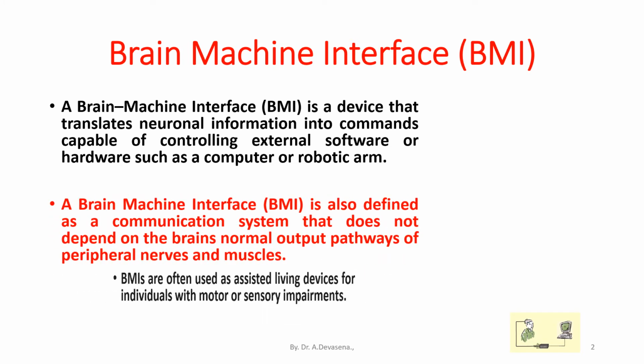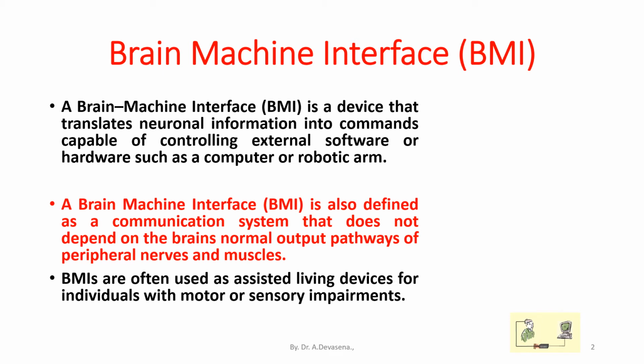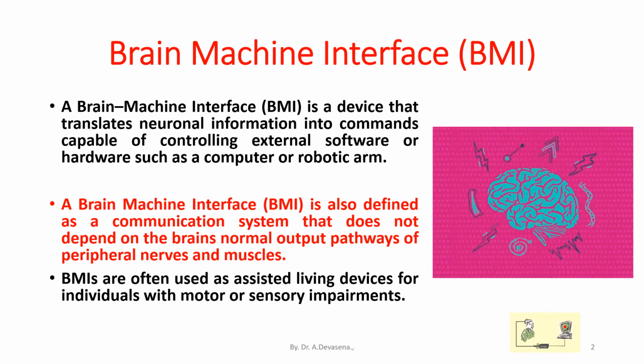A brain-machine interface is also defined as a communication system that does not depend on the brain's normal output pathways of peripheral nerves and muscles. BMIs are often used as assisted living devices for individuals with motor or sensory impairments.